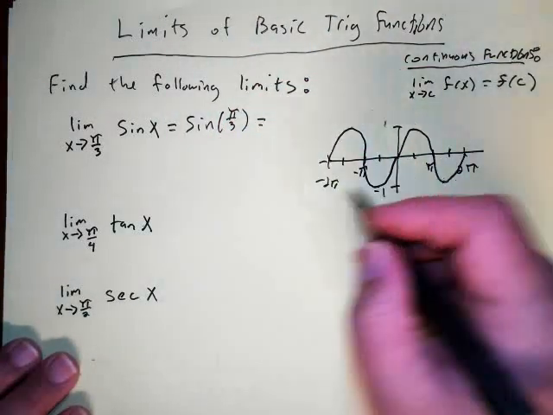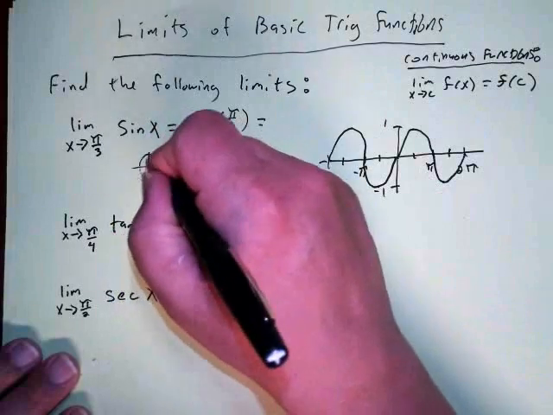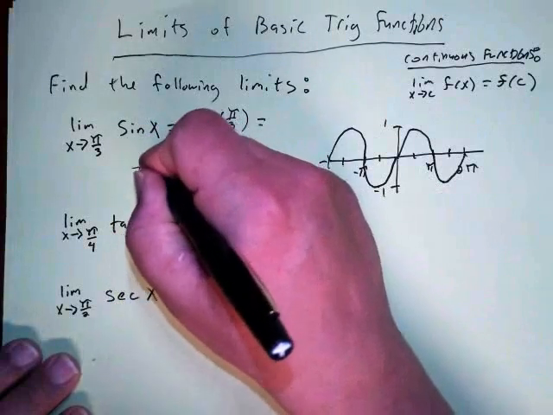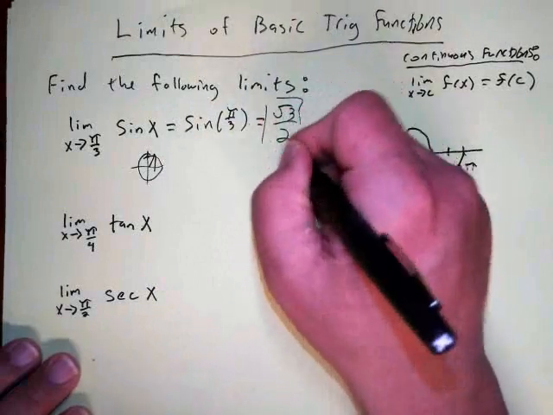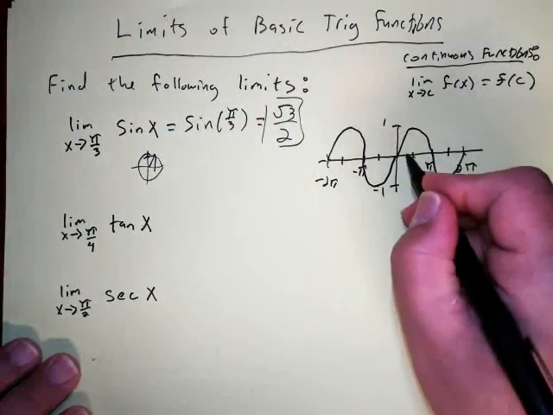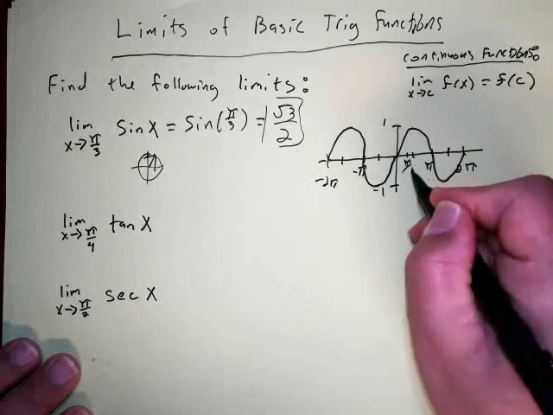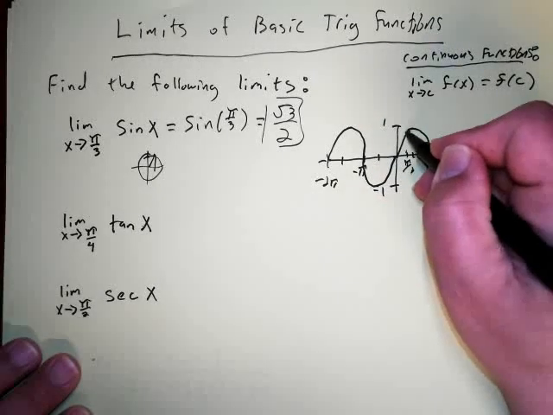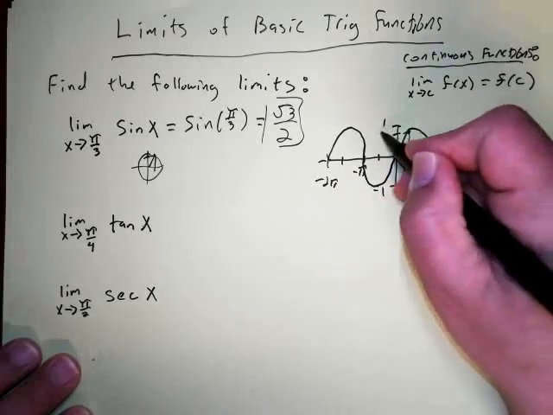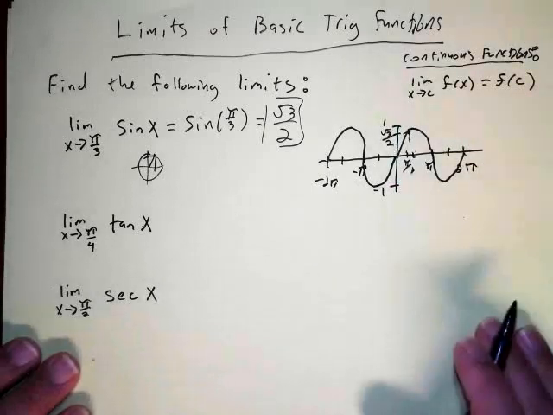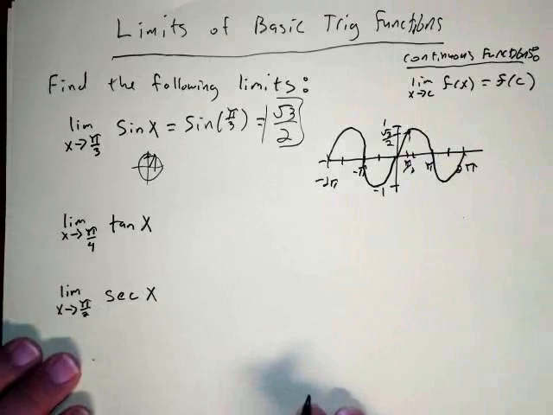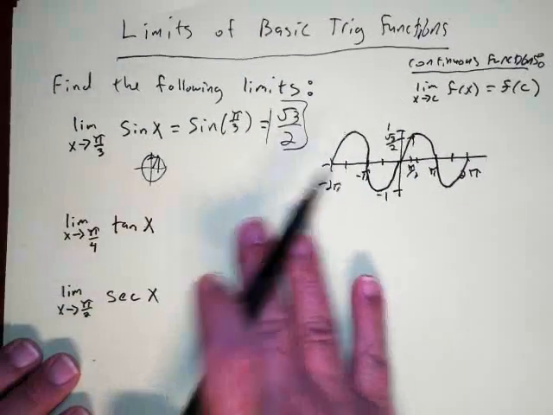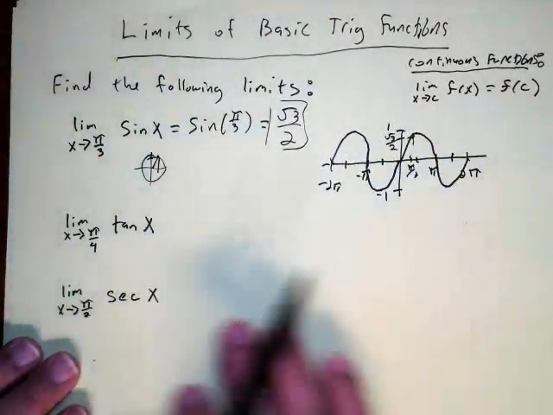Thinking of our unit circle, the sine is the square root of 3 over 2, and voila. So pi over 3 is here, and as I approach pi over 3, I get square root of 3 over 2. So it is approaching the value of the function at that point. So easy. Sine, cosine, no problem.